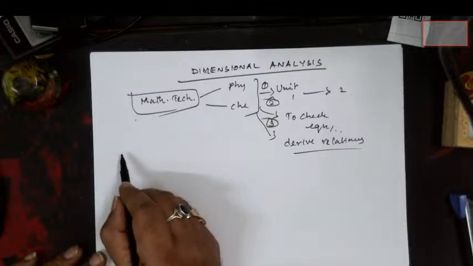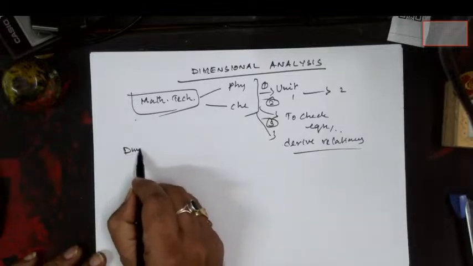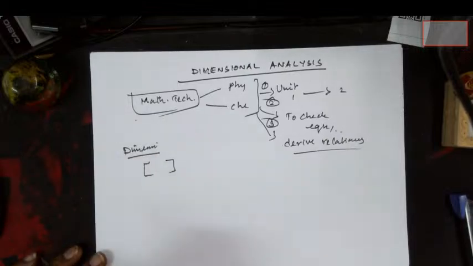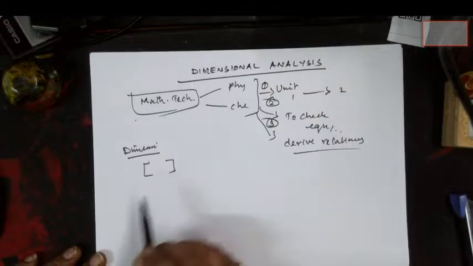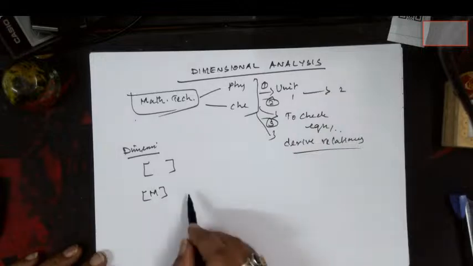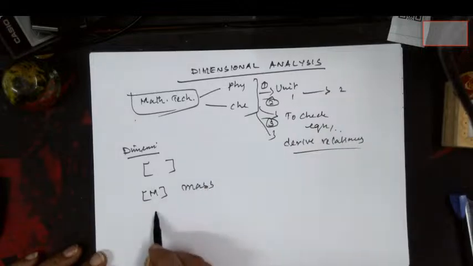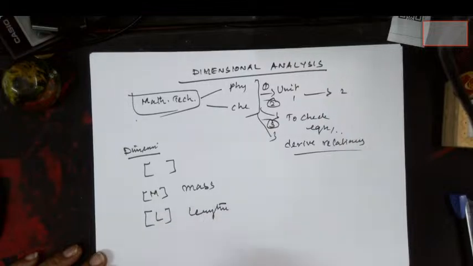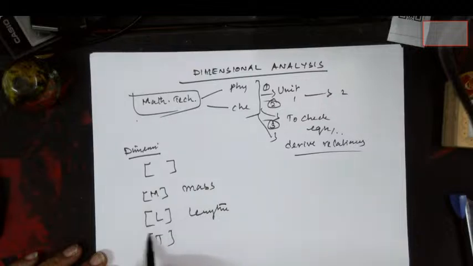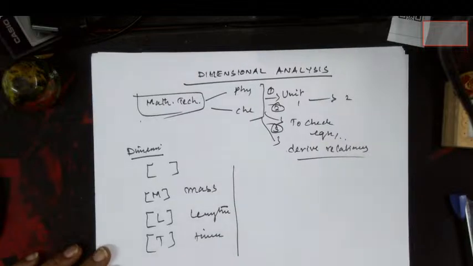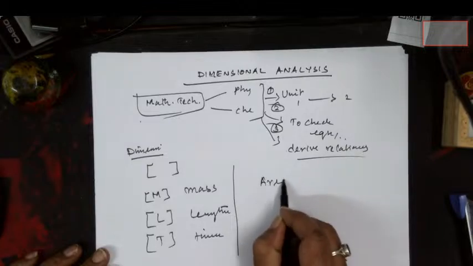Now, when I say dimension, it is usually represented by a square bracket. If it is mass, it is represented like this, M. If it is length, then it is represented by capital L. If it is time, it is represented by T. For example, what is area?